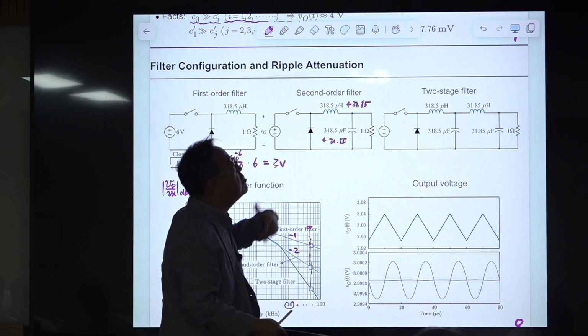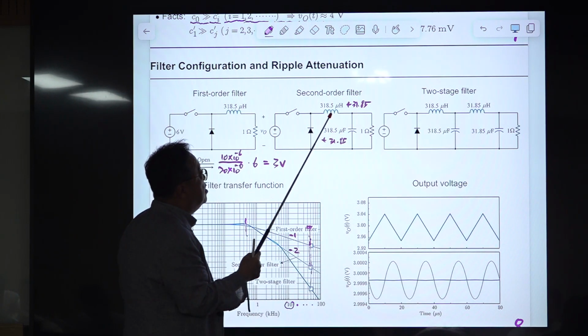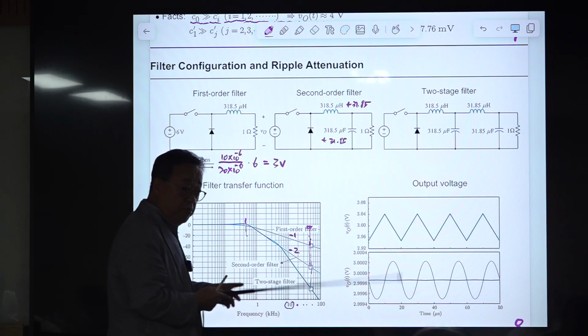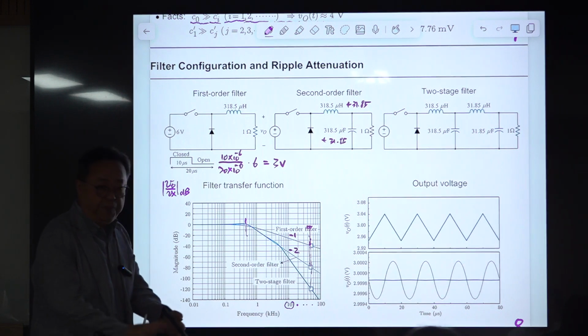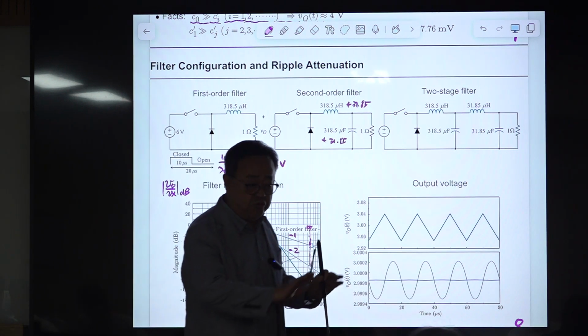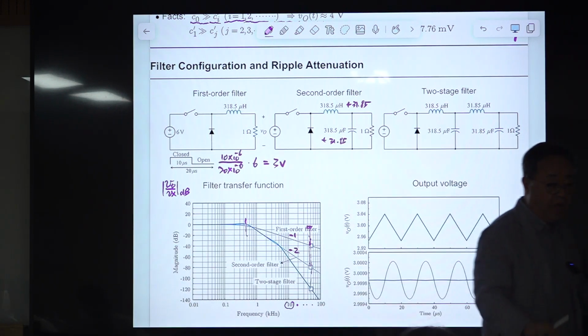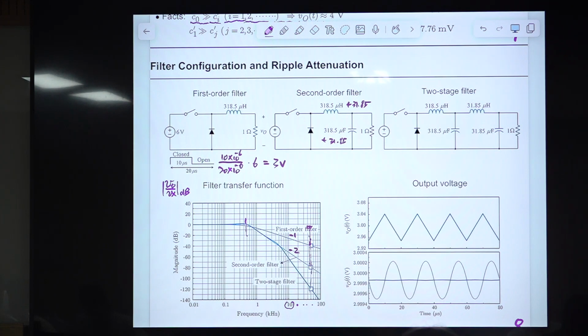Okay, you have a 10% increase in inductance and capacitance, but the benefit of that is huge, right? So if you really want to remove the AC component, use a multi-stage filter, right?